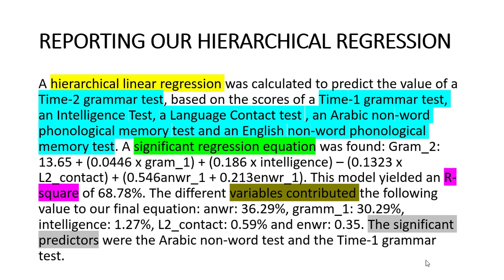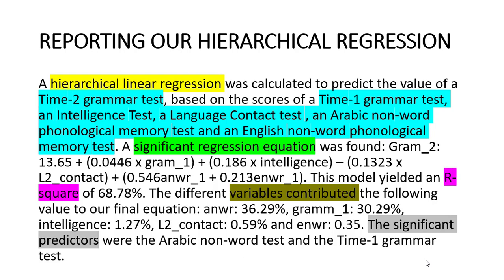A significant regression equation was found, blah blah, and we list there the equation. This model yielded an R-square of 68.78%. The different variables contributed the following value to our final equation. We list the values. The significant predictors were the Arabic non-word test and the time 1 grammar test.